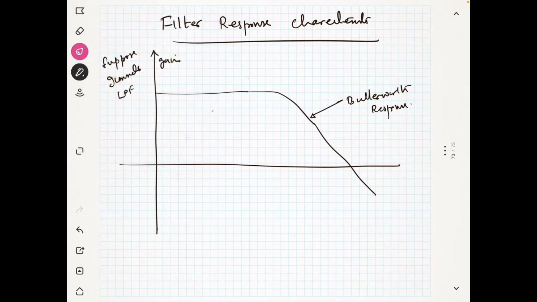In some filters the pass band has ripples like this. The gain is changing. This filter has a fast transition; the slope is very high. This type of response is known as the Chebyshev response. Chebyshev is the name of a Russian scientist.